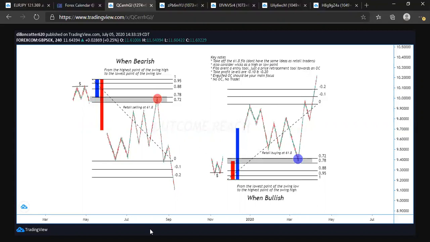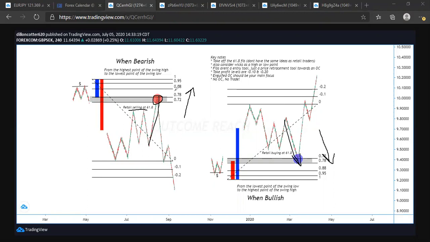Because what tends to happen sometimes, and I've seen it quite a bit, is price will reject from that 61.8 level and then spike up or spike down, whichever scenario you're in, whichever market you're in, and will retrace to a higher supply level or retrace to a lower demand level, right?